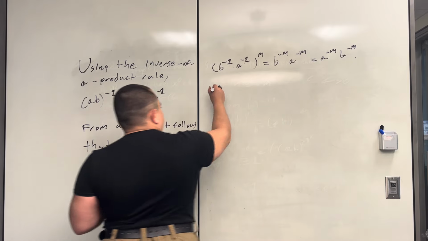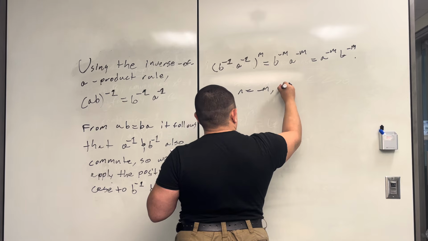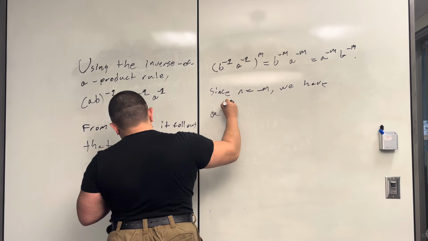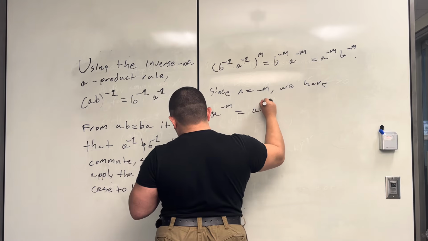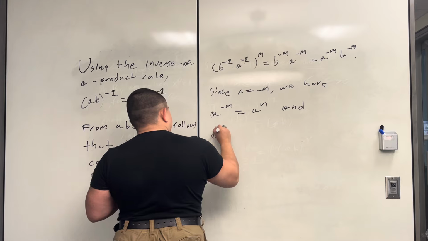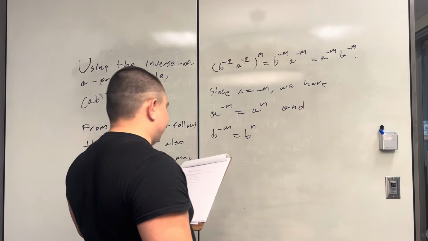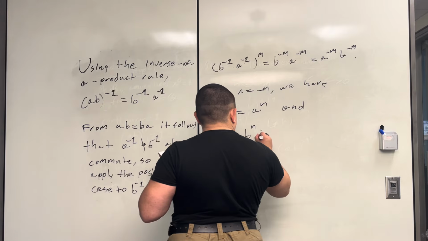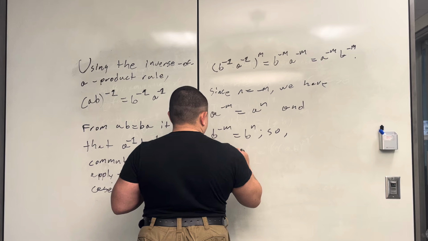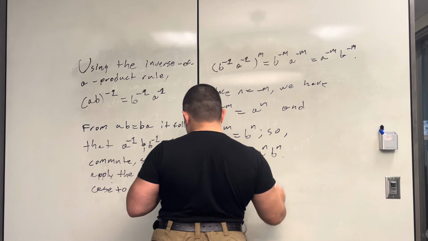Now, since n is equal to negative m, we have A to the negative m is equal to A to the n, and B to the negative m is equal to B to the n. So (AB) to the n is equal to A to the n times B to the n.